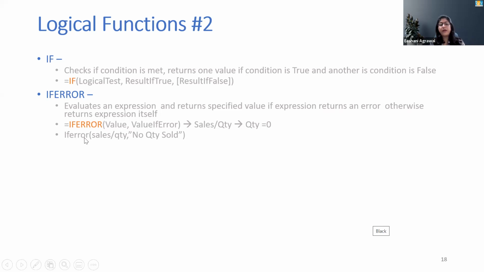So if I write IFERROR, sales divided by quantity, comma, "no quantity sold", then if quantity is 0, instead of giving an error it will return the text "no quantity sold", which makes sense. So that's the role of IFERROR.